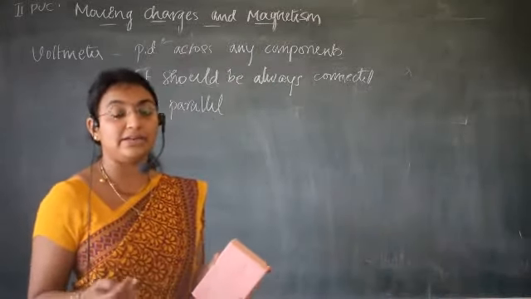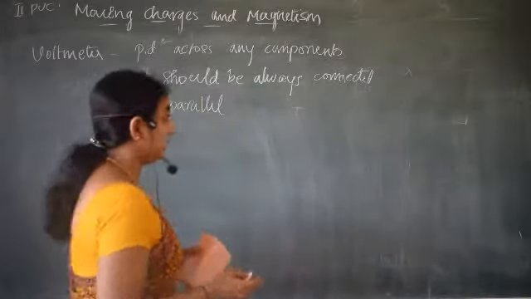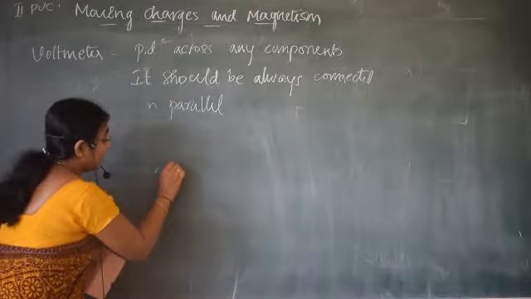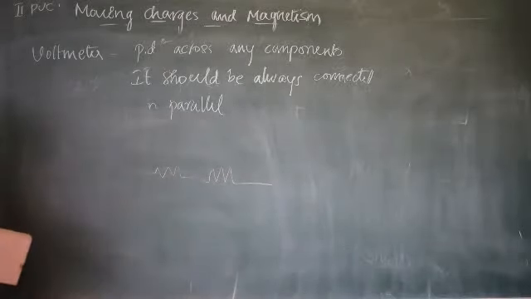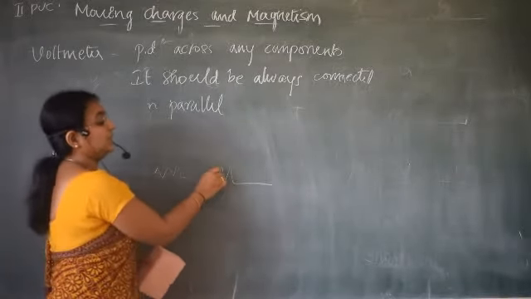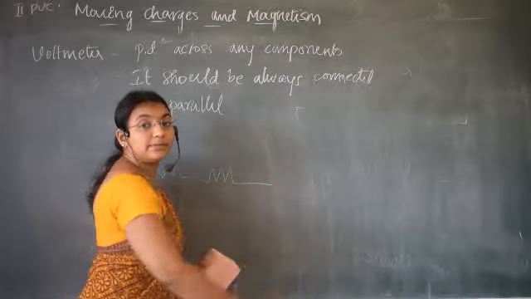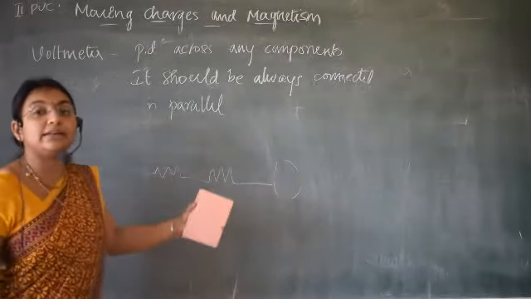Because the ammeter has low resistance. And also, when resistors or apparatus are connected in series, the current is the same. Whatever current is present here, the same current will be present here also. So whenever the ammeter is connected in series, the same current can be measured.